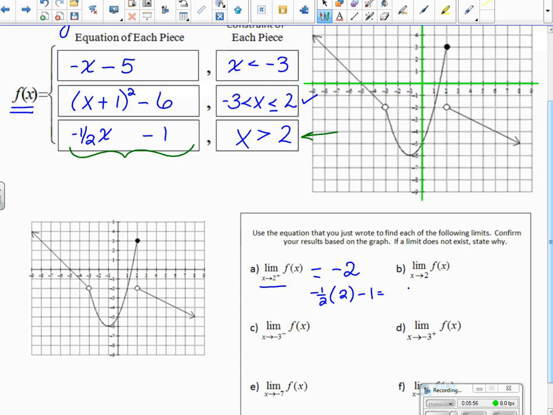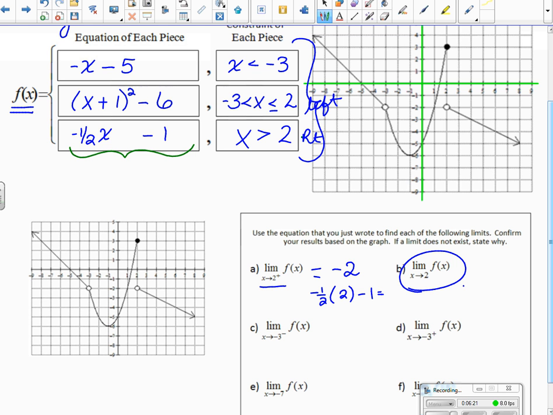What about the limit as x comes into 2? Well, this gets a little tricky. If I only had the equations to go off of, I really have the left side of 2 and the right side of 2, this being the right side, this being the left side. So I would have to play with each of these equations and see, does the left agree with the right?